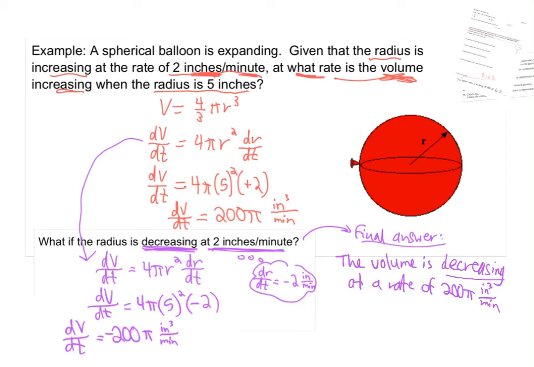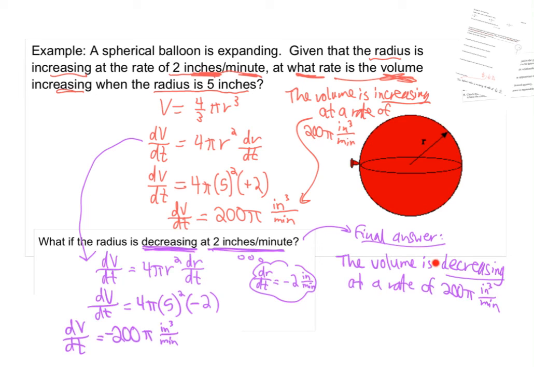The sentence for the previous problem would have been, the volume is increasing at a rate of 200 pi inches cubed per minute. I want to really emphasize why these two numbers are exactly the same. Why in this sentence did I not put a negative sign on the one that's decreasing?